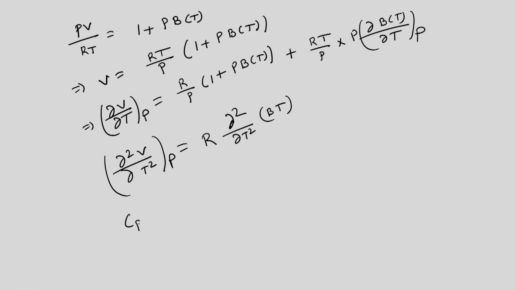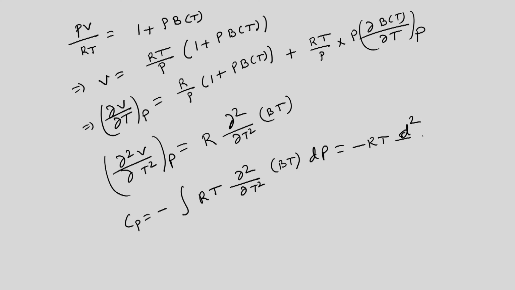Okay, so Cp is minus T del 2V by del T2 integrated over dP. So we get minus RT d2 by dT2 Bt times dP.